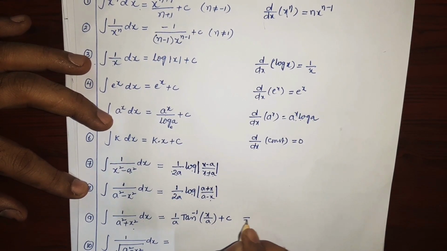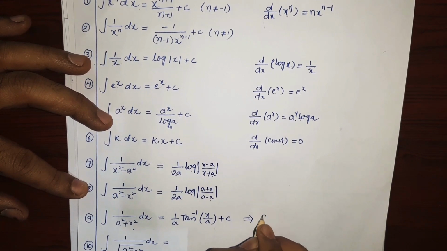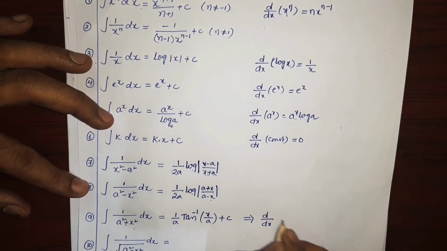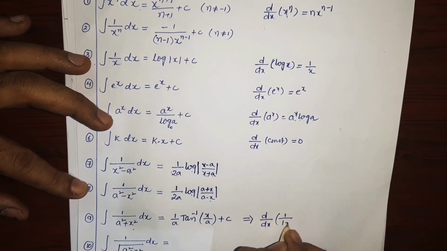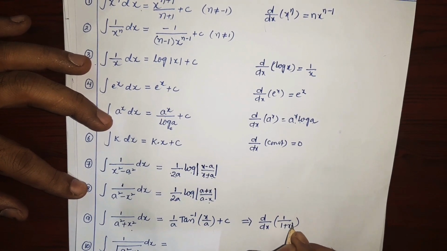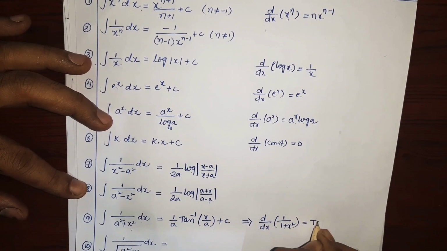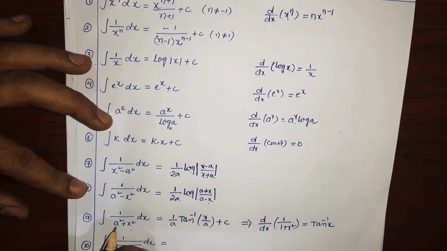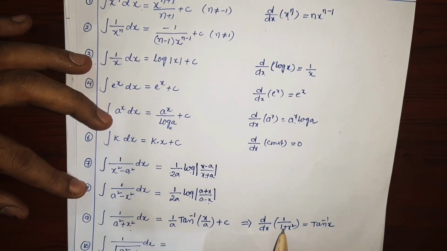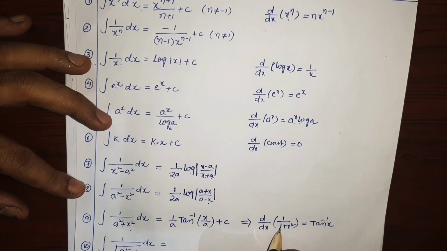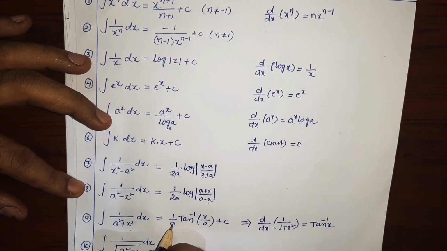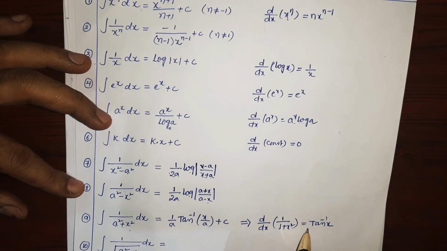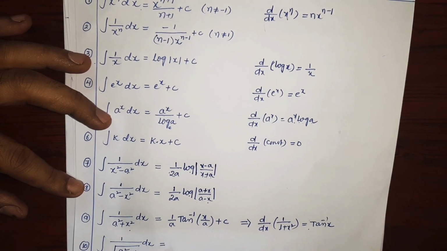You can relate this formula to d by dx of tan inverse of x, which is 1 by 1 plus x square. They are similar. Here a square is coming and here 1 is coming. If at the place of a you write 1, then 1 by 1 tan inverse of x by 1.